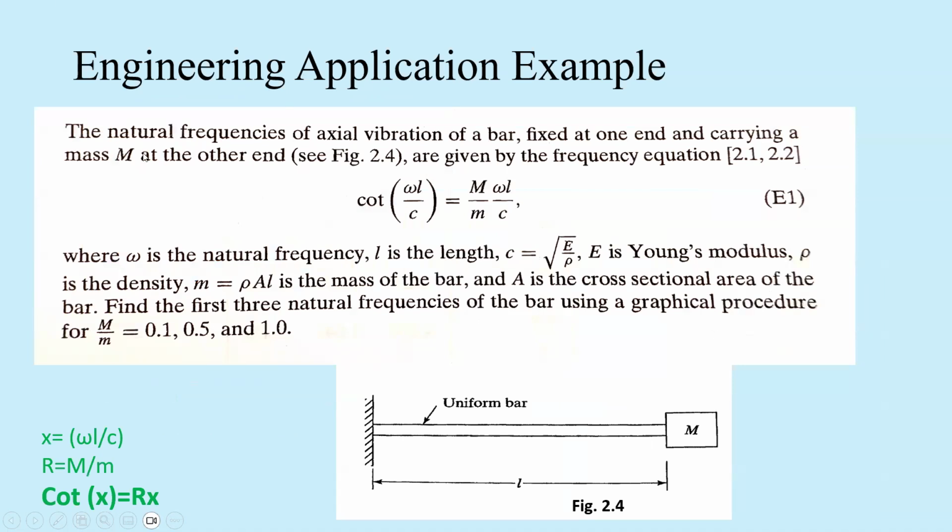Let's look at one engineering problem. The natural frequency of axial vibration of a bar that is fixed at one end and carrying a mass m at the other end is given by this equation.